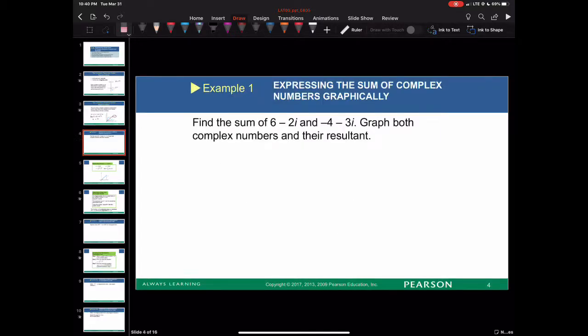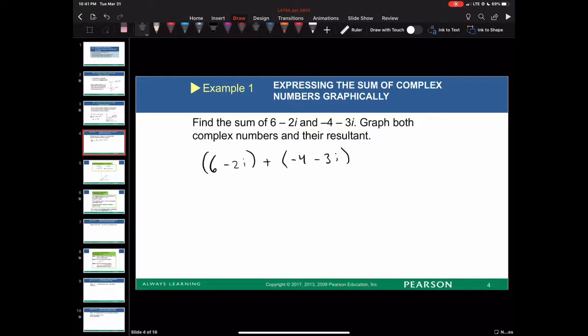So let's look at this question. It says find the sum of 6 minus 2i and negative 4 minus 3i. It says graph both complex numbers and their resultants. So the first thing we want to do is our sum. So we have 6 minus 2i plus negative 4 minus 3i.